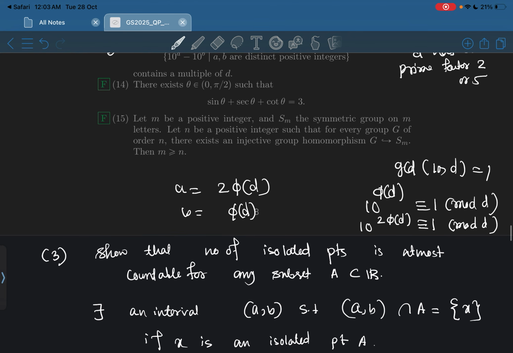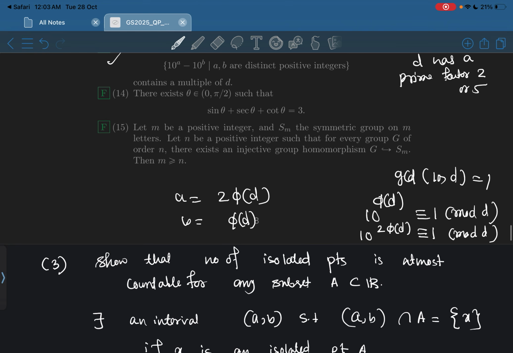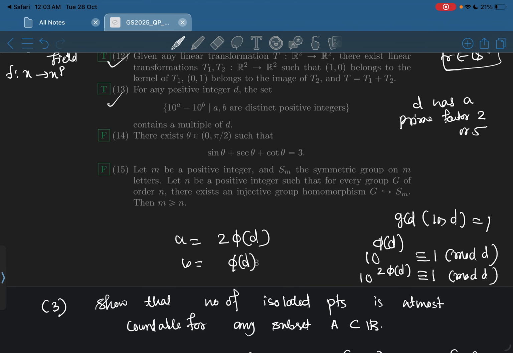Right, 0 to pi by 2. If you take any theta from 0 to pi by 2, they will not be equal.